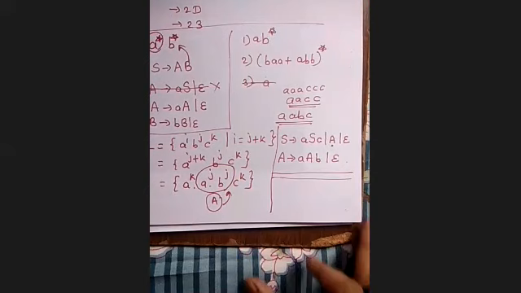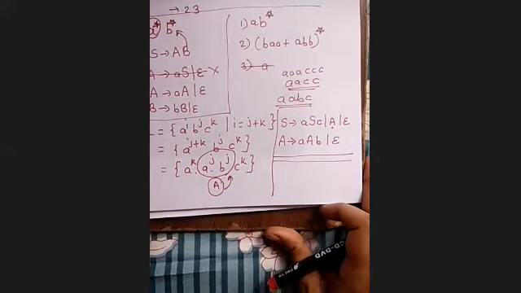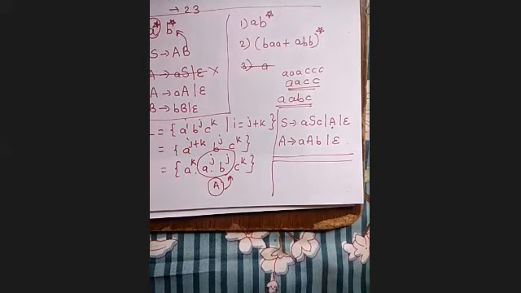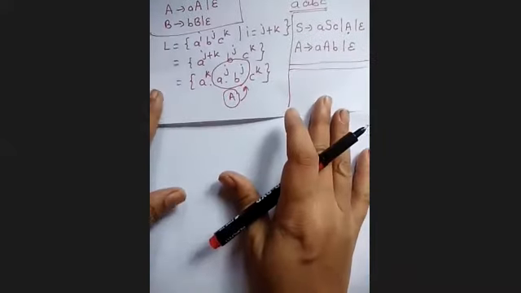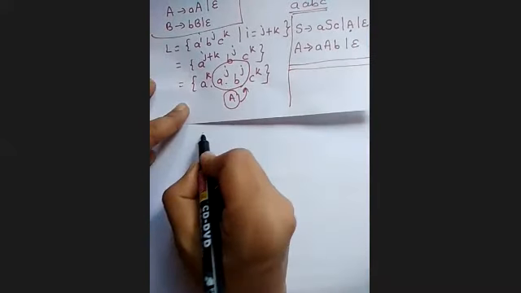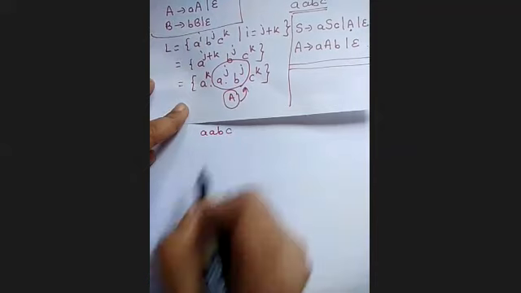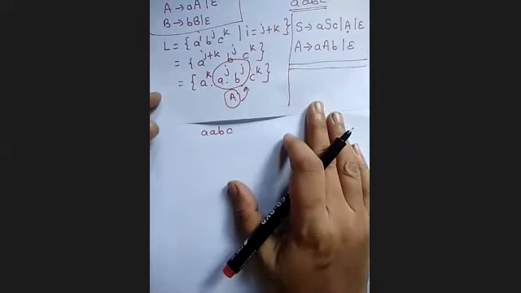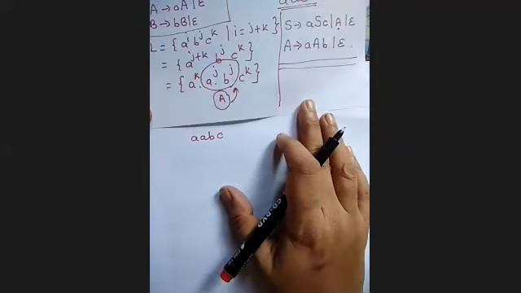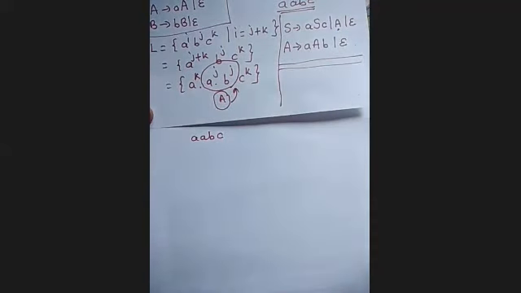Take another page. So rule तो है अपने पास. What is the string we want? A, B, C. Can I draw the direct derivation tree? And you tell me the rules, so I'll draw the derivation tree.